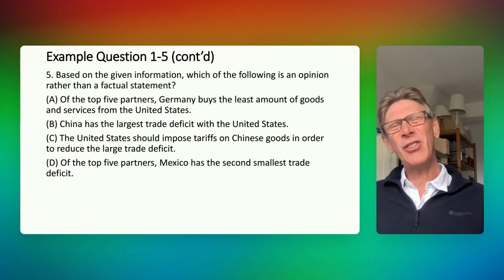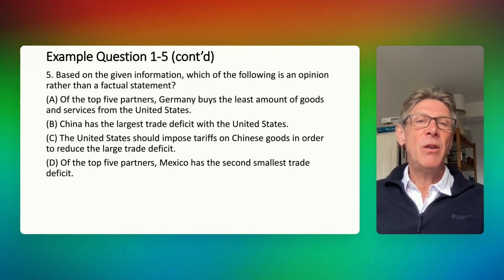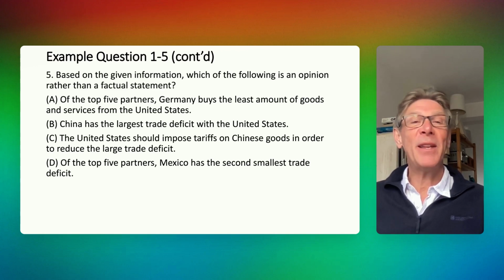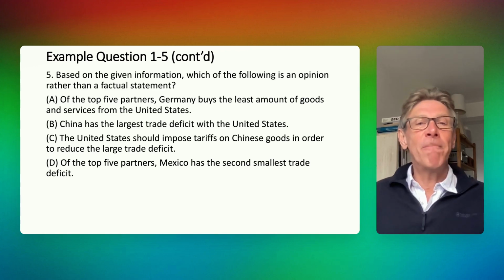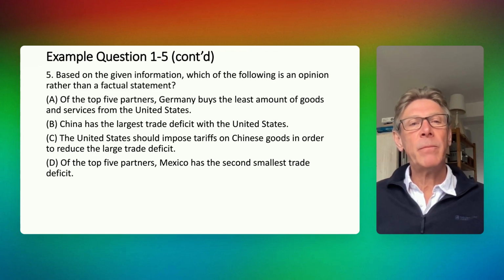Another person might say, well, actually, that's not fair. You need to find something to export to them, or you need to make it yourself. It's a should. It's an opinion. D, of the top 5 partners, Mexico has the second smallest trade deficit. Fact. So the answer to question 5 is C.